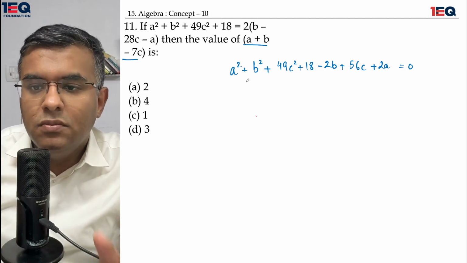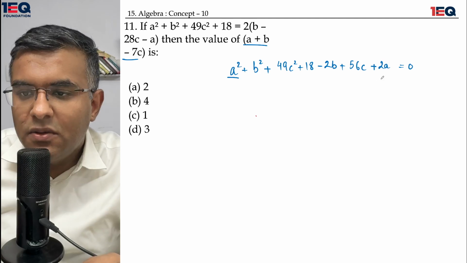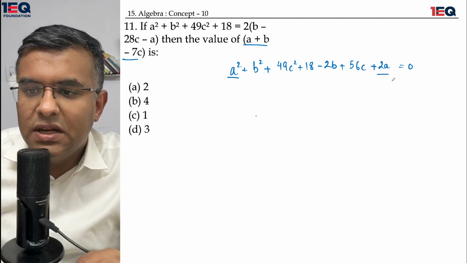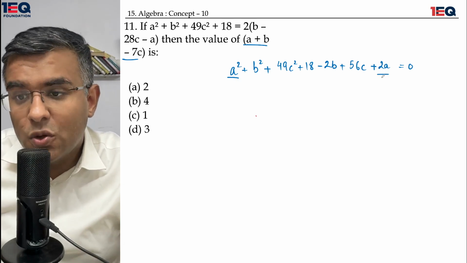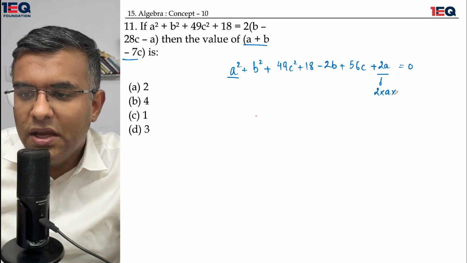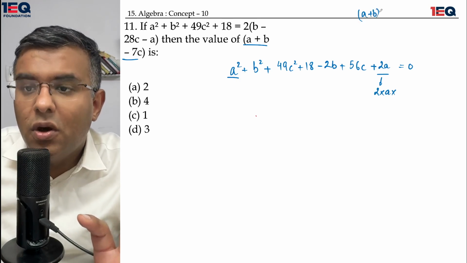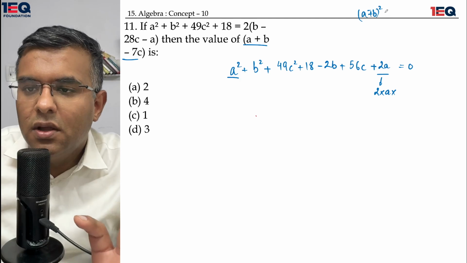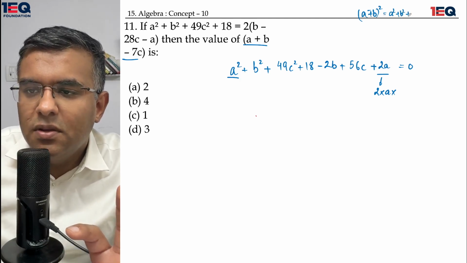Now I will have to factorize it down to find out separate values of a, b, and c. Right? So let me quickly try to factorize a. When I find out the couples of a, I get to see that a has been coupled up with 1. How am I sure about it? Because I see 2 is being multiplied by a, and in the equation of a plus b or a minus b whole square, I tend to see it as a square plus b square plus minus 2ab.